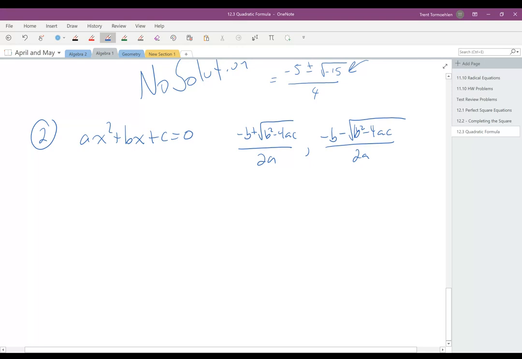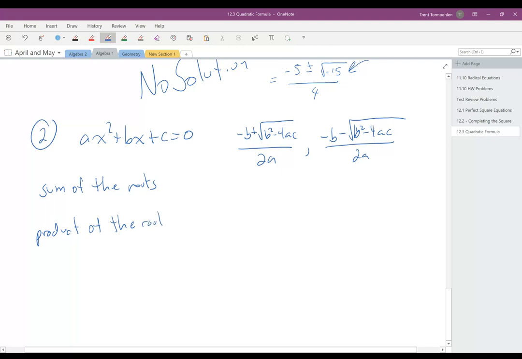And from this, we can actually then determine two important things. And that is, what is the sum of the roots? And what is the product of the roots? And these can be some valuable tools.